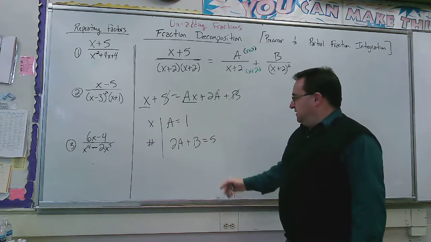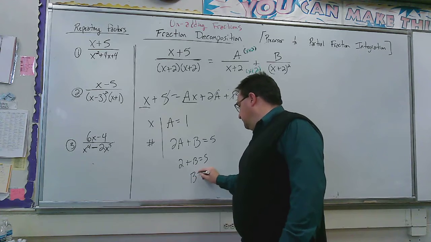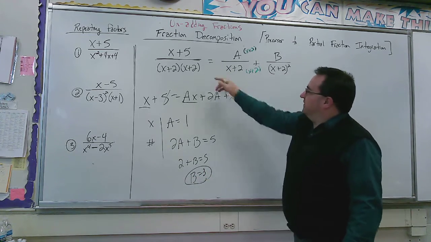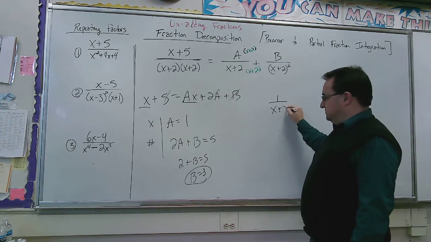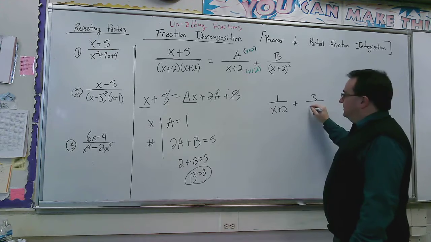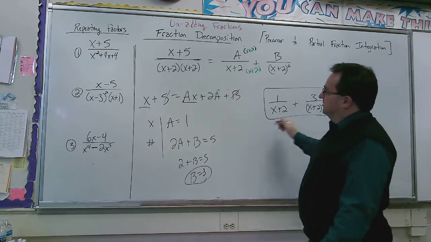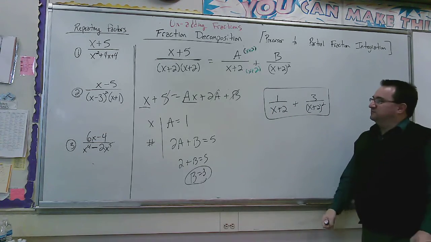Well, if a is 1, then b is 3. So my answer, this fraction, is the same as 1 over x plus 2 plus 3 over x plus 2 squared. Right?